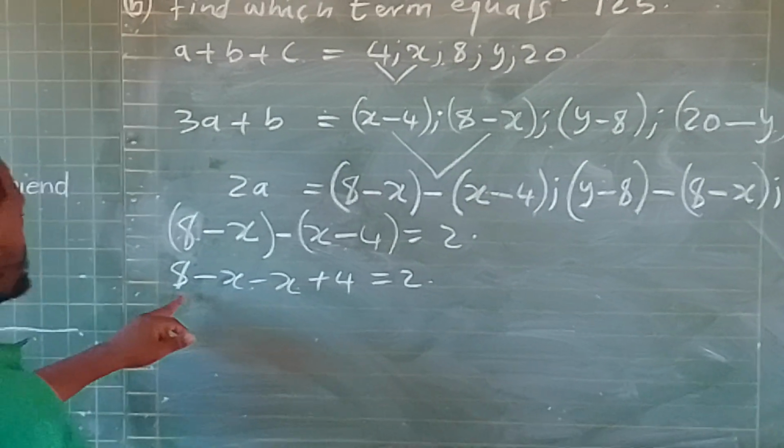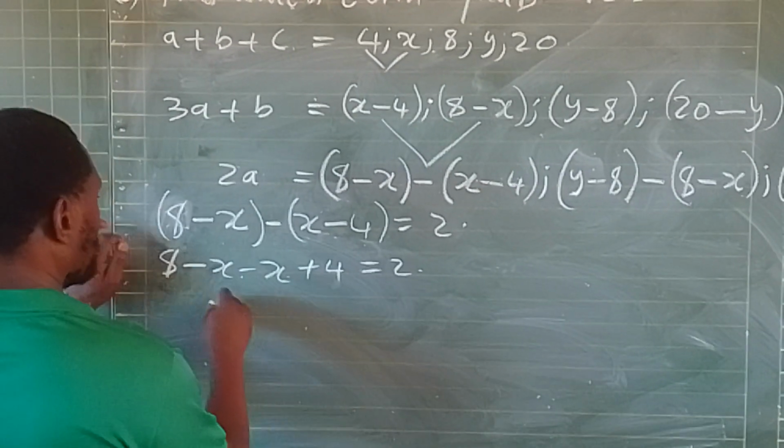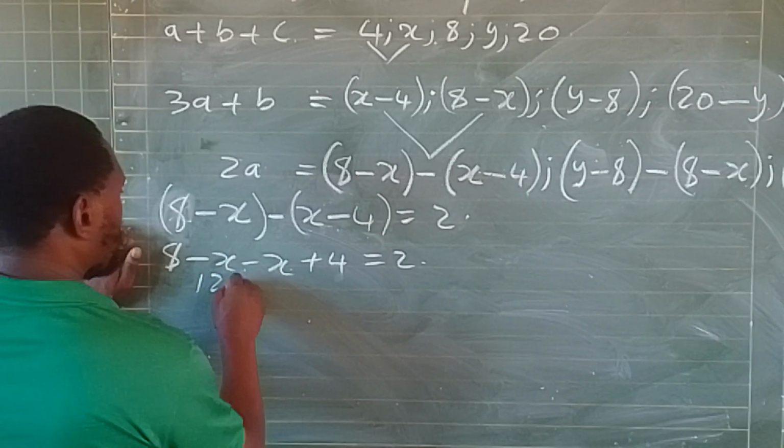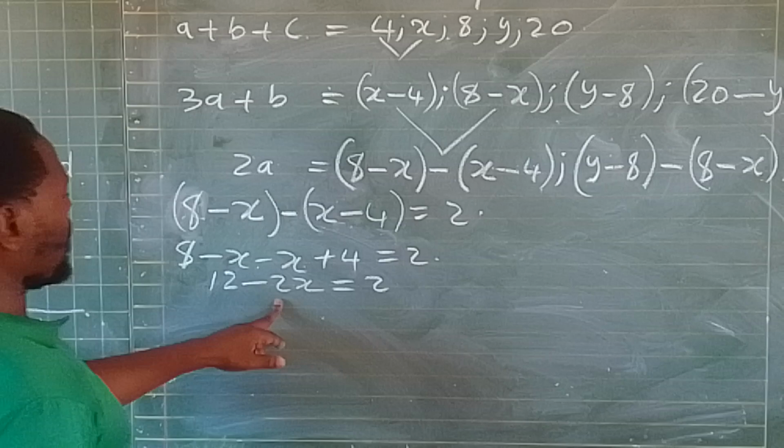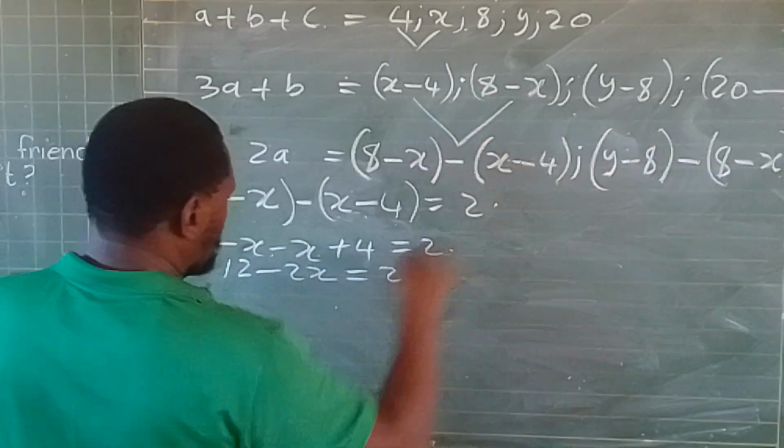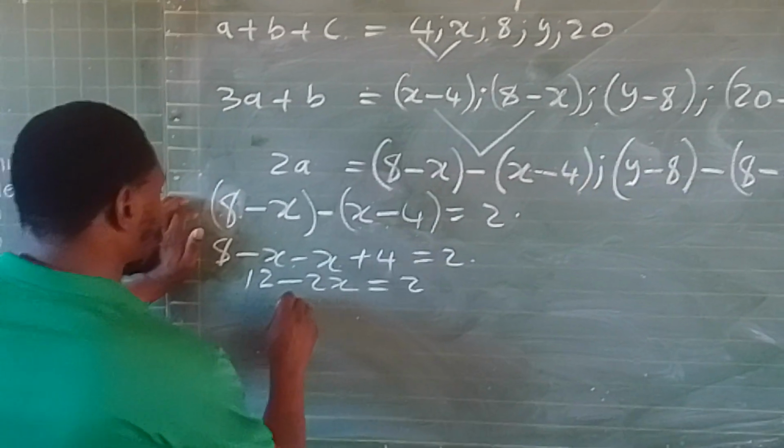Collect like terms: 8 plus 4 is 12, minus 2x is equal to 2. Now we take 2x to the other side of the equation.